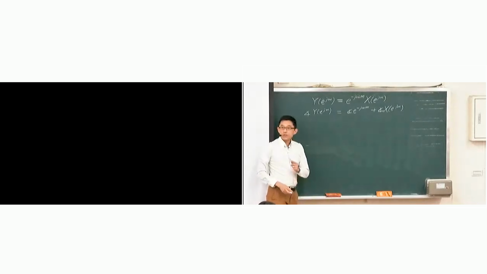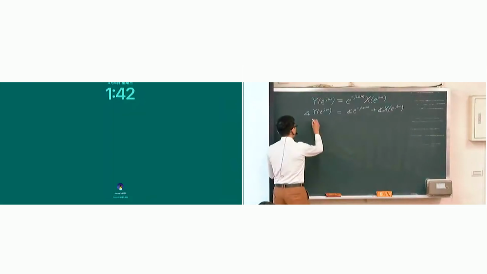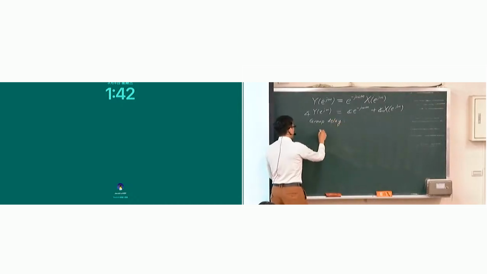But there is an interesting property called group delay. It's defined as follows: when we take the partial derivative of a phase spectrum with respect to frequency, this quantity, with a minus sign, is called group delay.